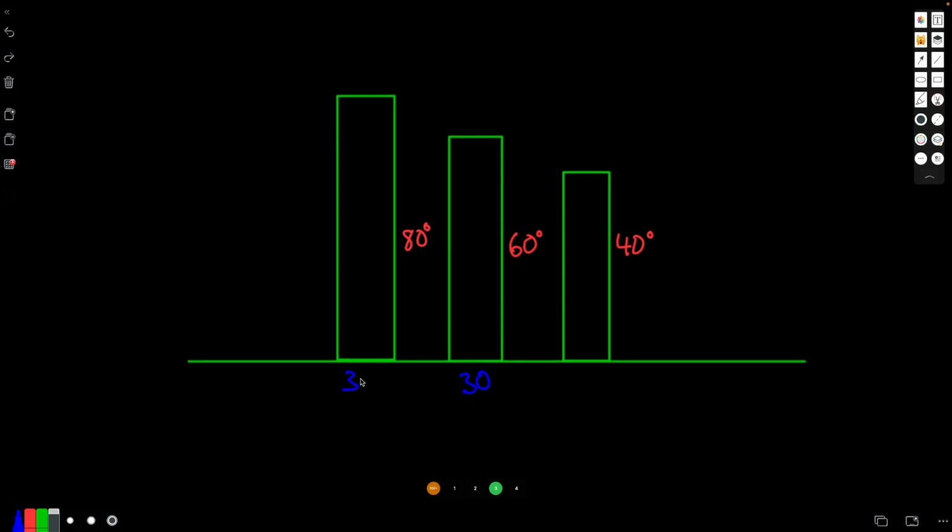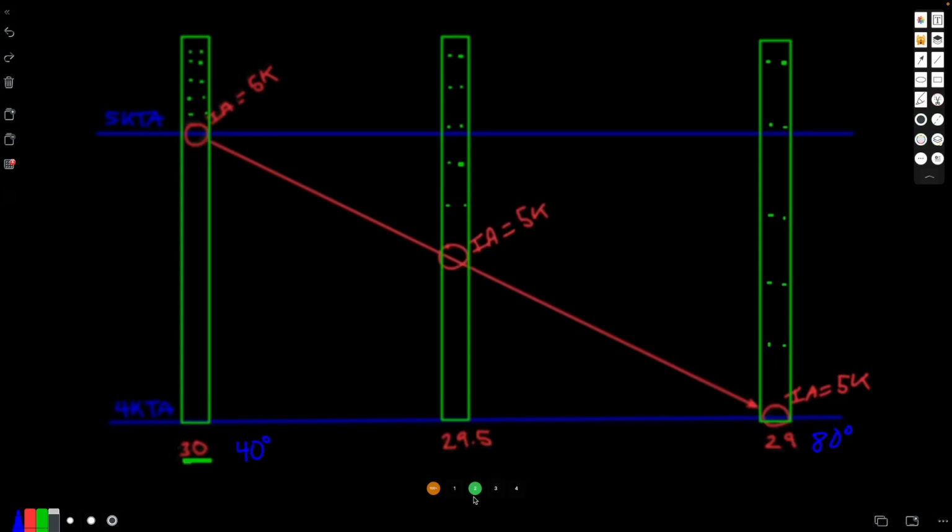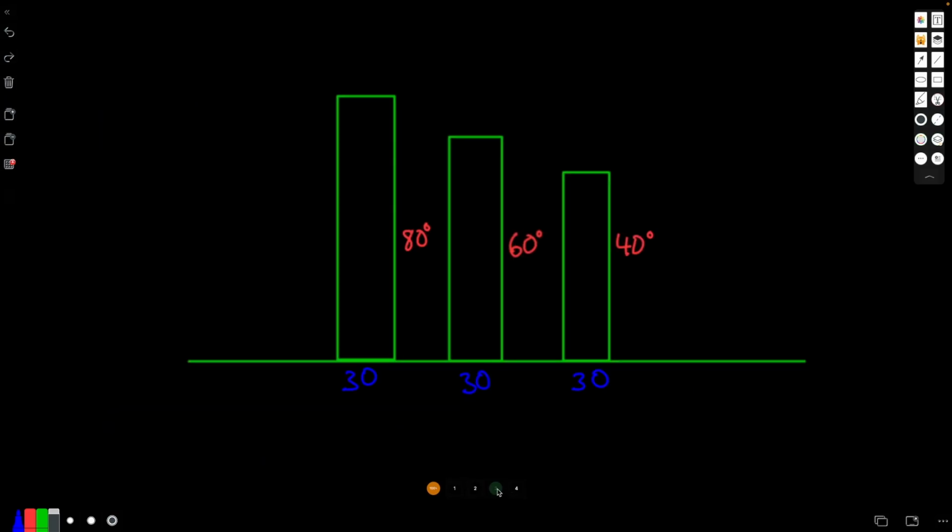Well, this is also a pressure of 30, and this is a pressure of 30. Contrasted with over here, where the pressure is changing from one column to the next, in this scenario the barometer has stayed the same, but the temperature has changed.